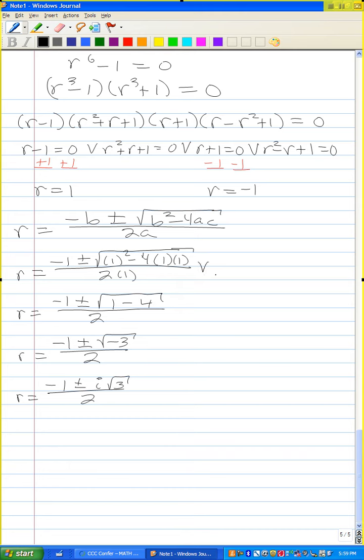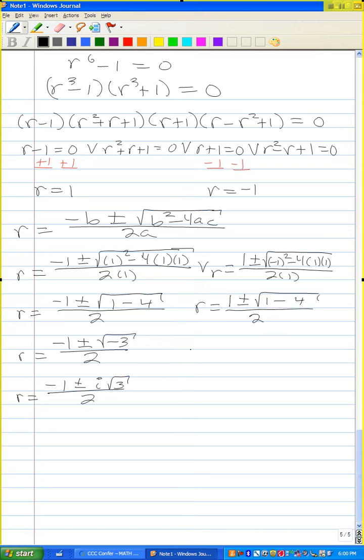So r is equal to negative b plus or minus the square root of b squared minus 4ac all over 2a. So r is equal to 1 plus or minus the square root of a negative 1 squared is 1. 4 times 1 times 1 is 4, over 2.